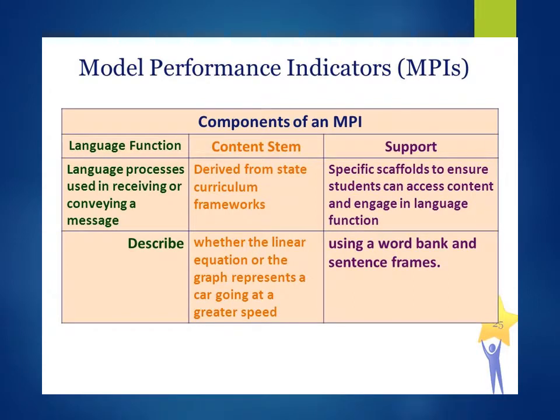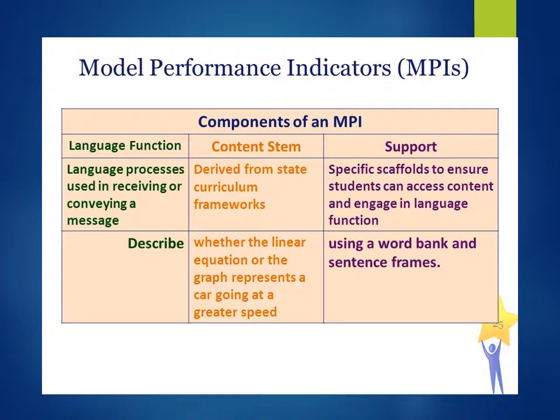So what does a model performance indicator look like? Again, an MPI is just another term for an I can statement, a unit objective, an assessment objective. The Common Core state standards are objectives, but they are not transparent enough for our ELLs in terms of what language function, what's the focus of the language that we're going to ask them to use to show their learning.